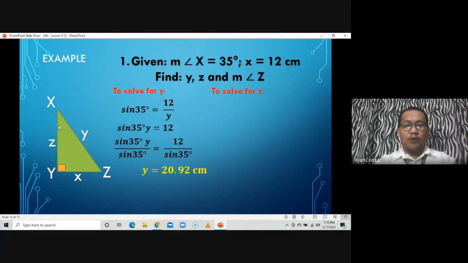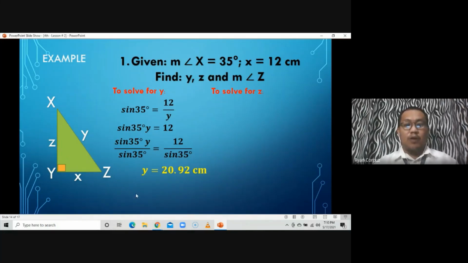If you're going to analyze it, this given measure of angle and this side that is its opposite side, and this side that we are looking for is its adjacent side. So, kung a-analyze pa ng mas mabuti, malalaman mo that we are pertaining to one trigonometric ratio na tinatawag nating tangent, which is opposite over adjacent.